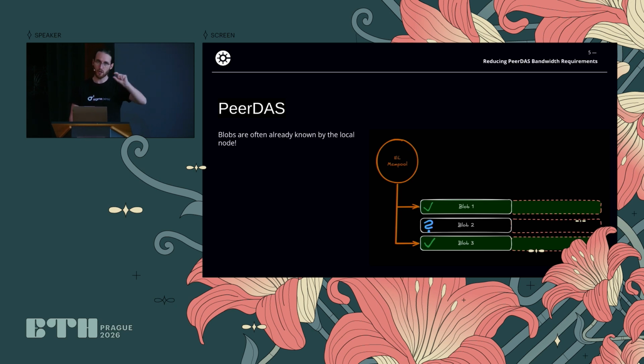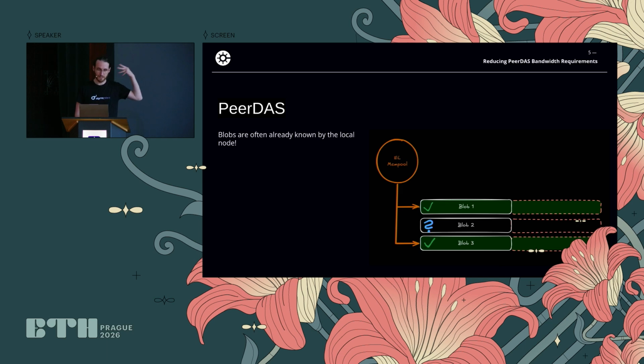So when a new block arrives, a lot of the blobs in that block are actually already present at the local node. And that's nice, because we already have some of the data that we need to store. So in this example, we already have the data for blob 1 and blob 3, but blob 2 we don't have in our local mempool. This can be because we just haven't seen it yet, or because it's included from a private transaction from a MEV builder.